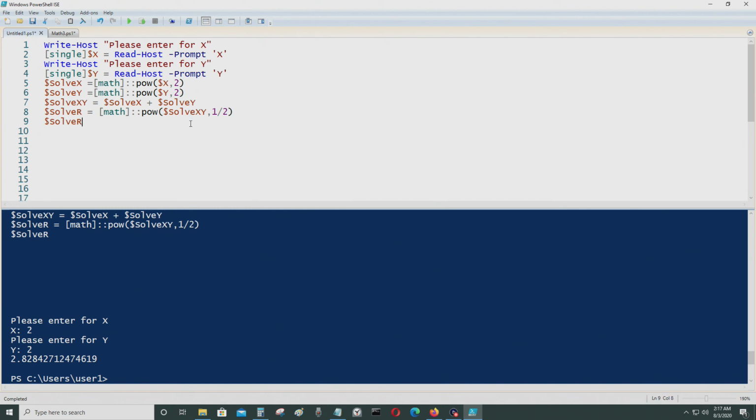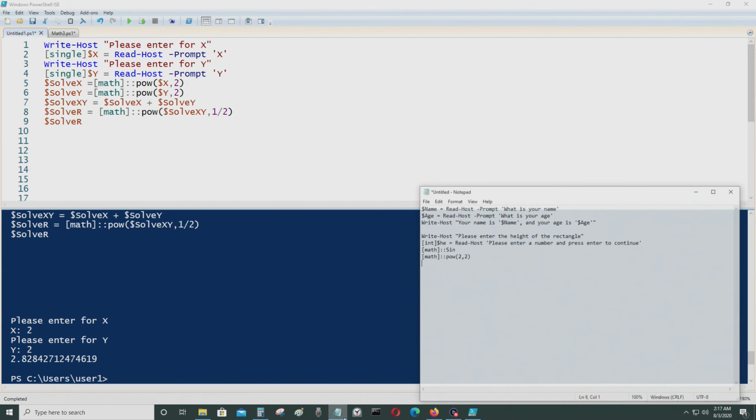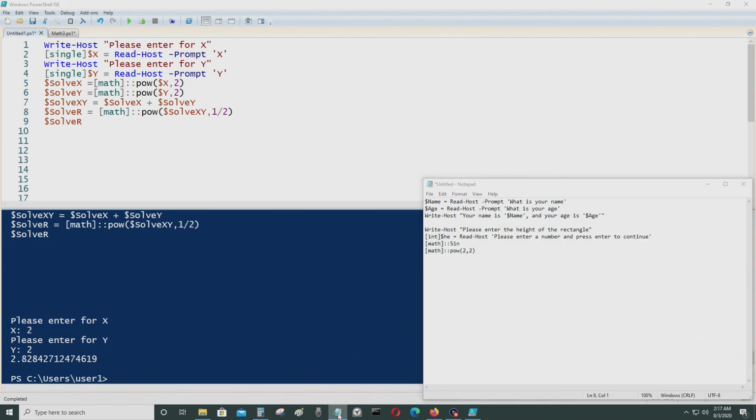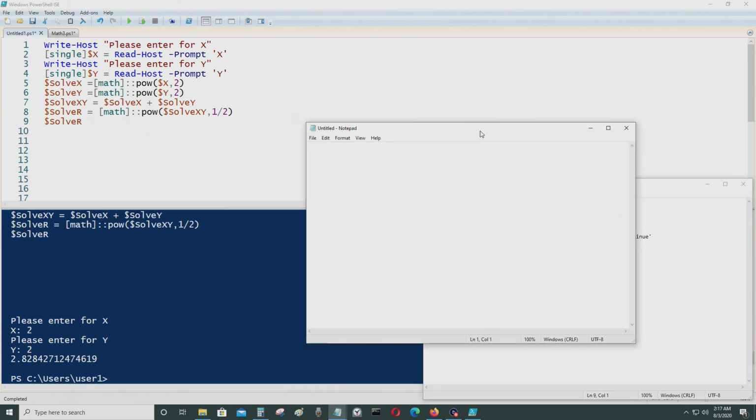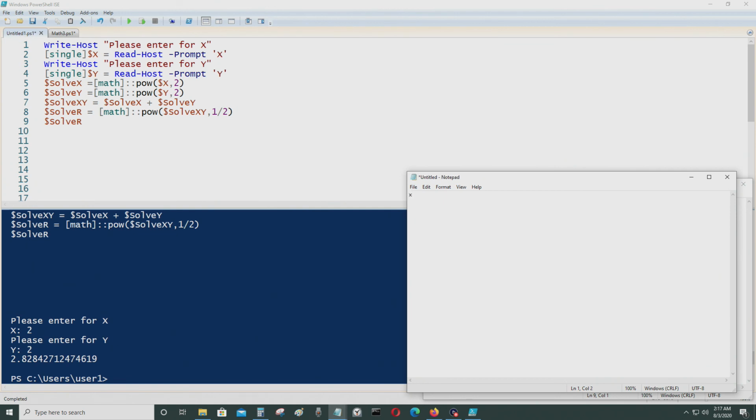Okay, we could definitely solve more complicated equations by using sine, cosine, and tangent. So in that type of equation, in a Pythagorean theorem, it's x squared plus y squared equals r squared.